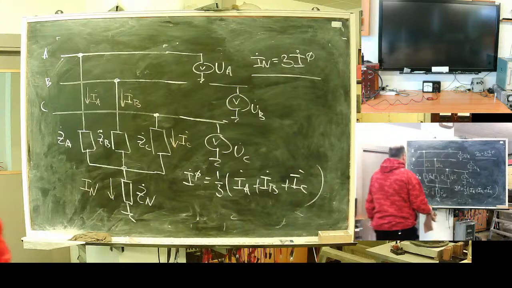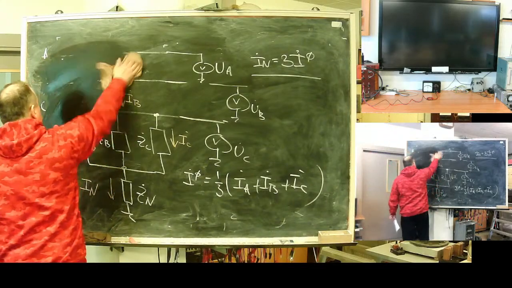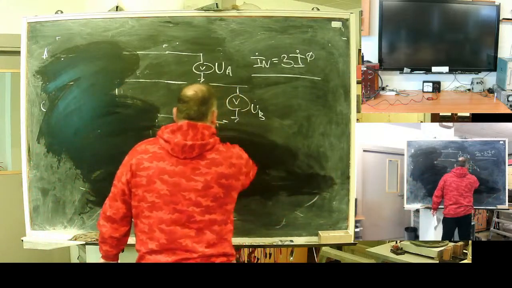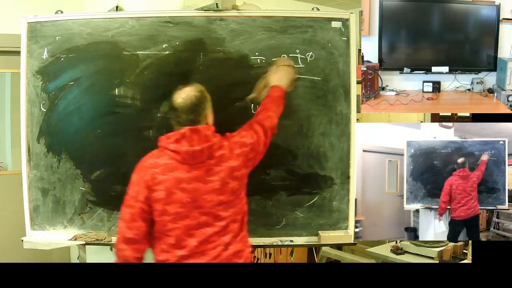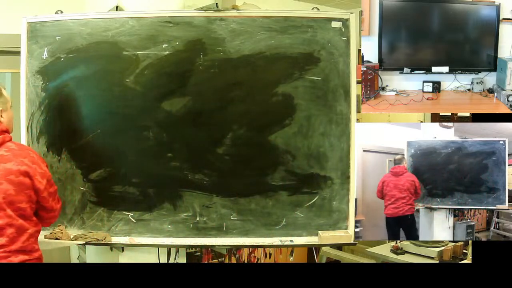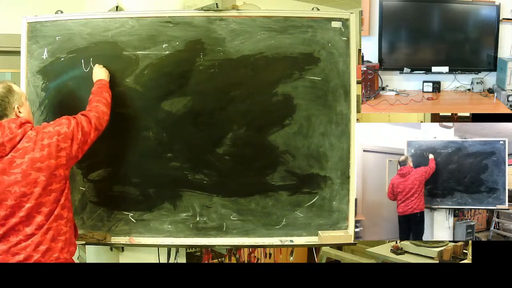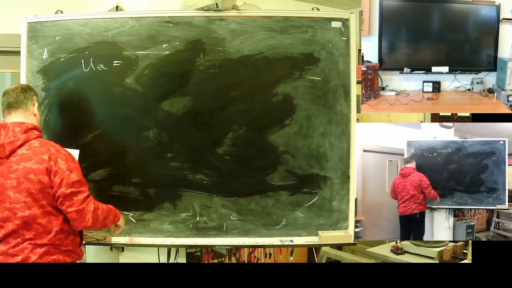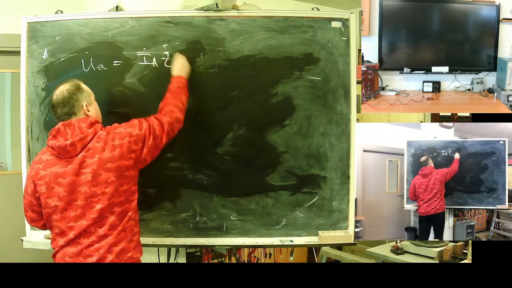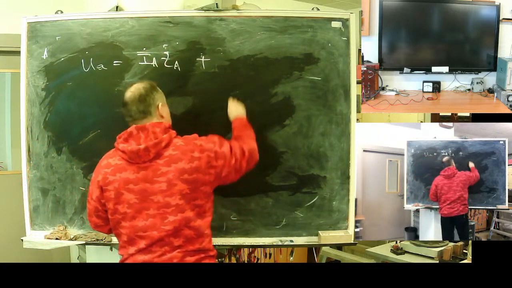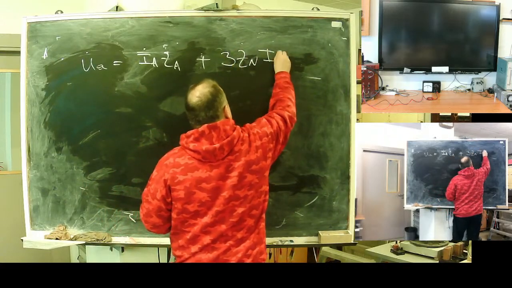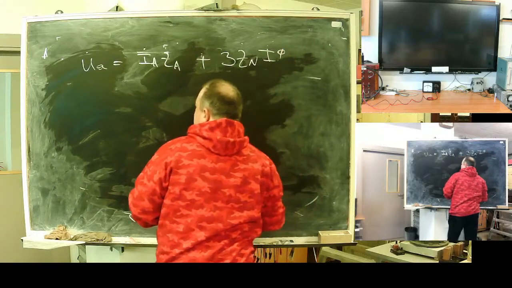Now, what will I do? I will write a system of equations. A phase voltage, what can I write? It will be A phase current multiplied by A phase resistance plus triple neutral resistance multiplied by zero sequence current.